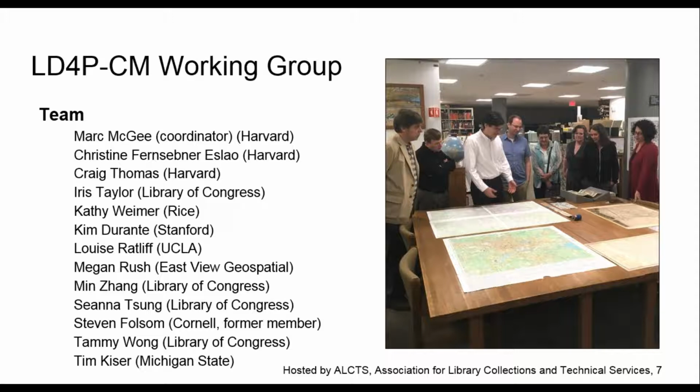The photo you see here is from a tour that the working group took of the Harvard Map Collection during a 2-day in-person ontology sprint meeting in September of 2016 that many of the working group were able to attend in person. And one of the outcomes of this in-person meeting was to focus the scope of the project. It included finalizing a set of target use cases and holding initial discussions around ontology modeling needs and priorities to support those use cases.